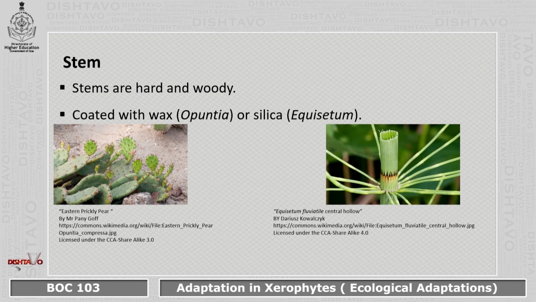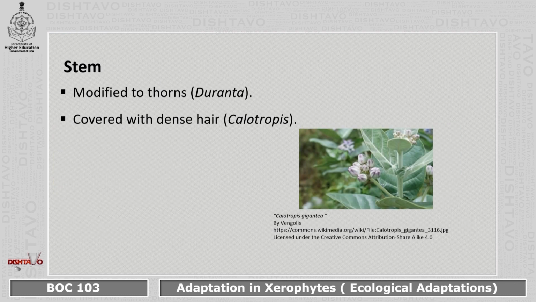They may show a number of adaptations. In some plants, for example Opuntia, the stem is coated with wax. In the case of Equisetum, it has deposits of silica. In some plants, the stem is modified to form thorns, as in the case of Duranta. In some others, the stem may be covered with dense hair, as seen in Calotropis.